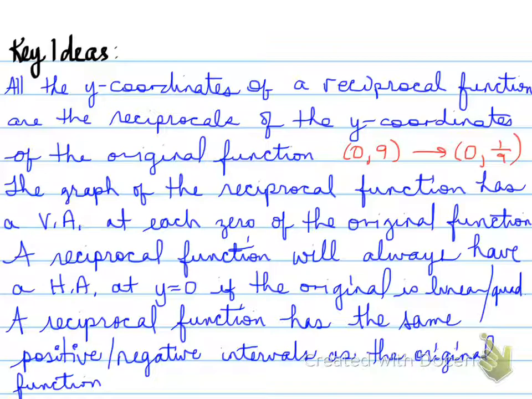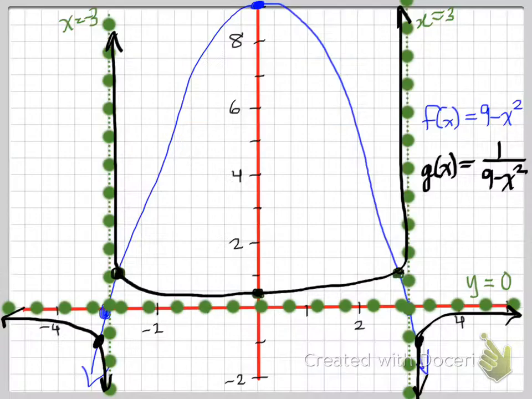So let's look at the previous graph so that we can understand that. The original function, the blue graph, was positive in this section, and therefore the black graph is also positive. It has positive y values regardless of whether you take the reciprocal or not.